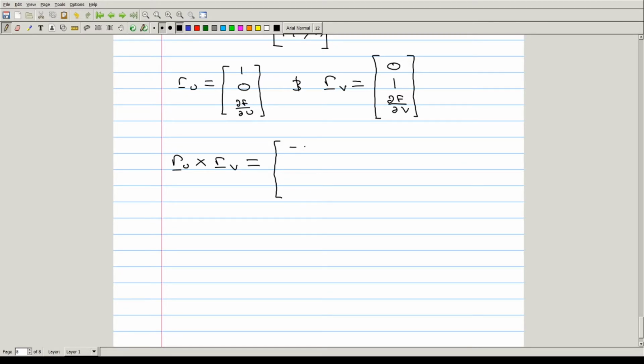It's going to be negative df du. The y component is going to be negative this times this minus this times this. So it's going to be negative df dv, for partial f partial v. And then the z component is going to be 1 times 1 minus 0 times 0, which is just 1.